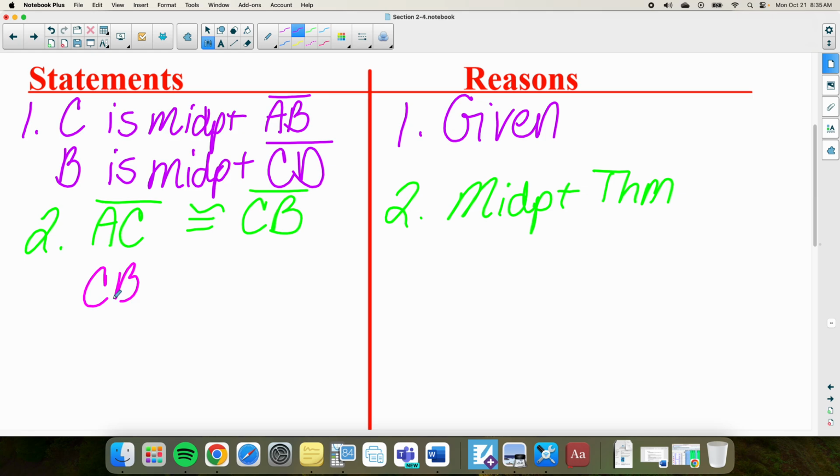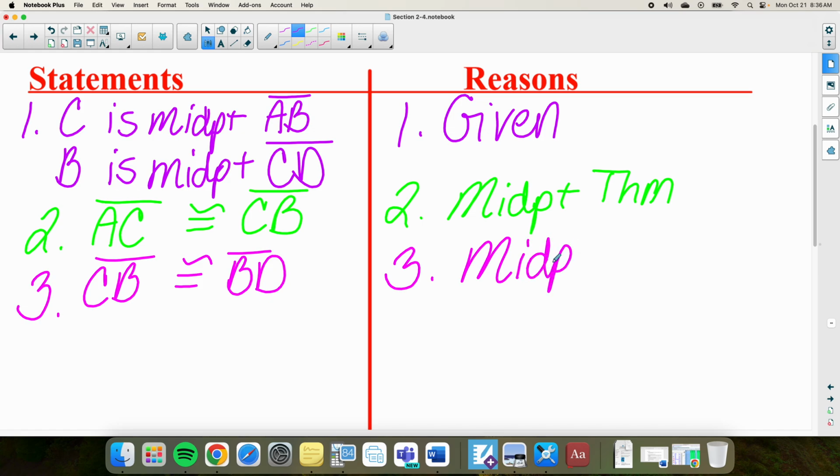So CB is congruent to BD. Now, that is also the midpoint theorem. So if you wanted to, you could keep it under step 2. Or you could make a step 3 and then put the midpoint theorem again. Either way works.